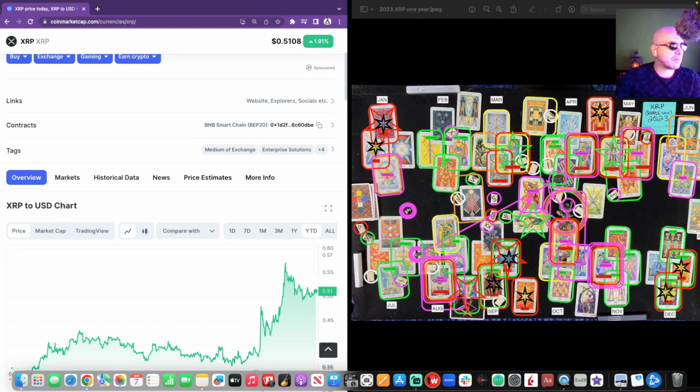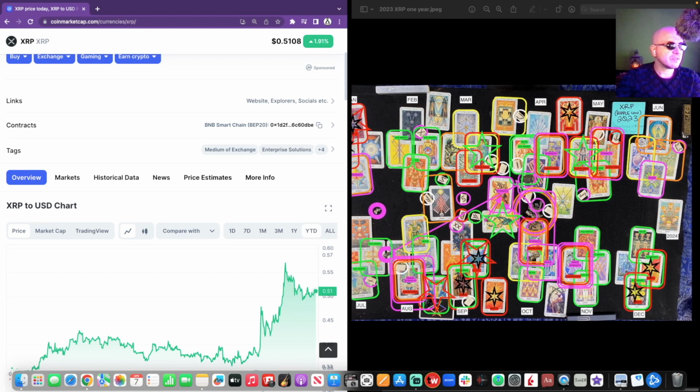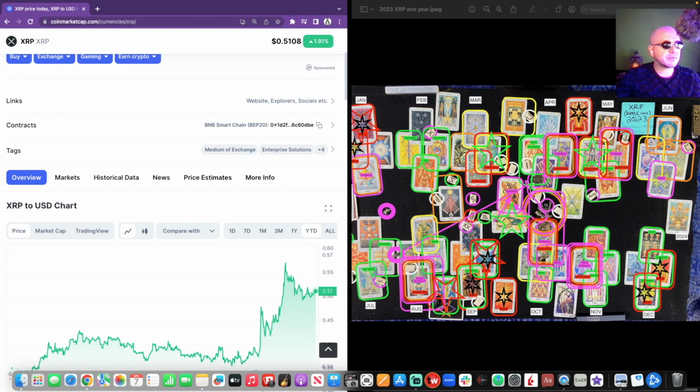And it looks like we probably pushed the upper end of a range higher here in June, so that looks like it might be bullish. It's bullish into June, it looks like.